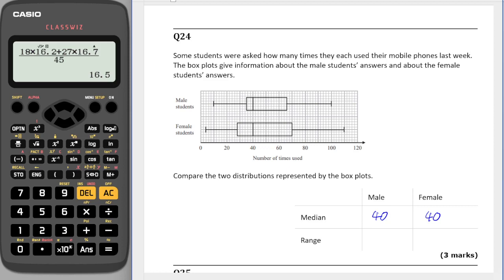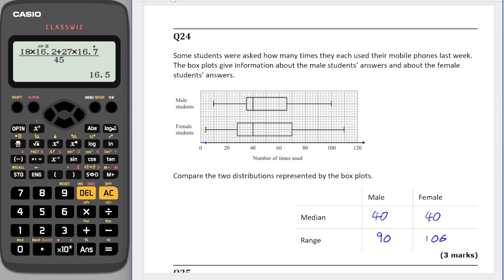So we're looking at, it looks like for the males, the range goes from 100 up to 100 and down to 10. So the range is going to be 90. For the females, the maximum value is 110. Minimum value looks like 4. So I'm looking at 106.